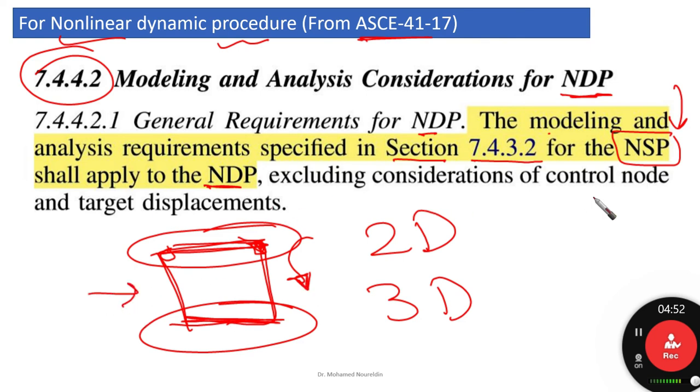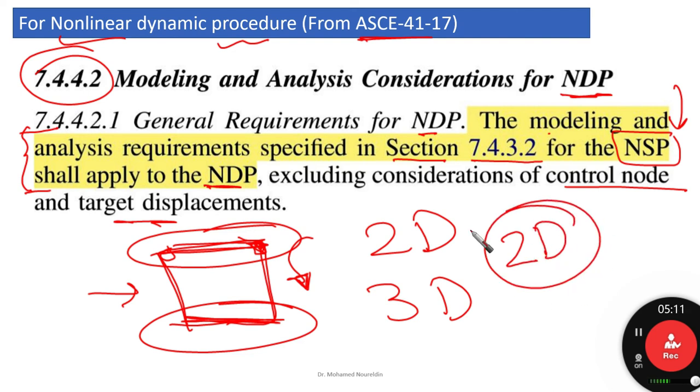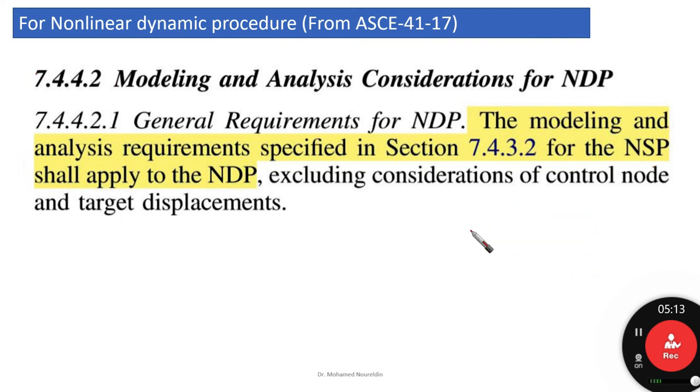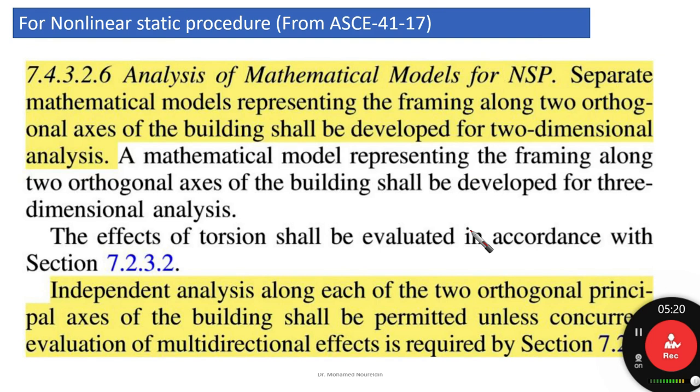Excluding considerations of control node and target displacements, this is something specific to NSP and NDP, we are going to talk about it later, and it's not the scope of this video. But anyway, now we have a good understanding of when and when not to use 2D analysis. Remember, we have some precautions, especially related to 2D analysis, when there are specific issues where we want to apply 3D.